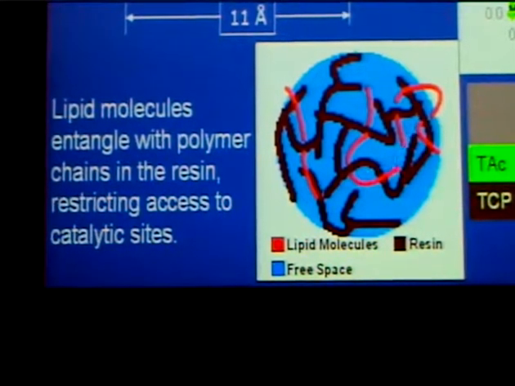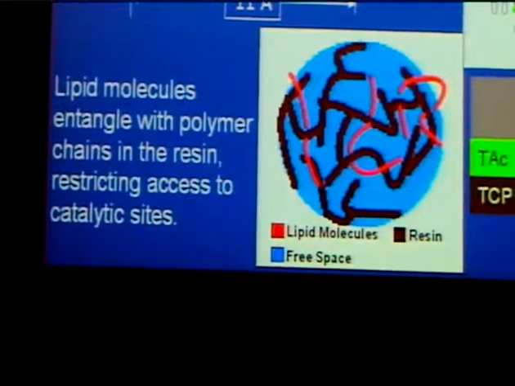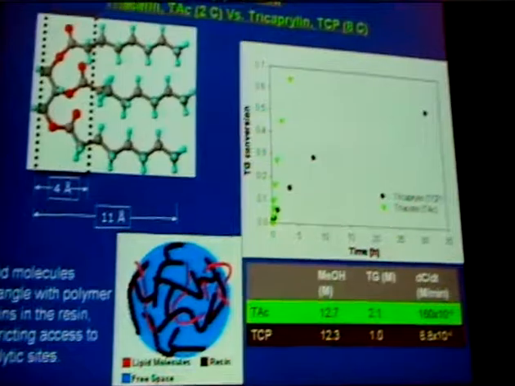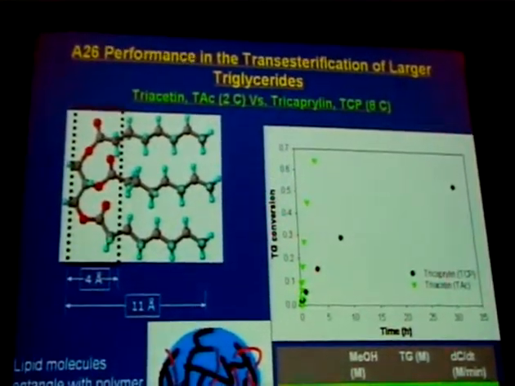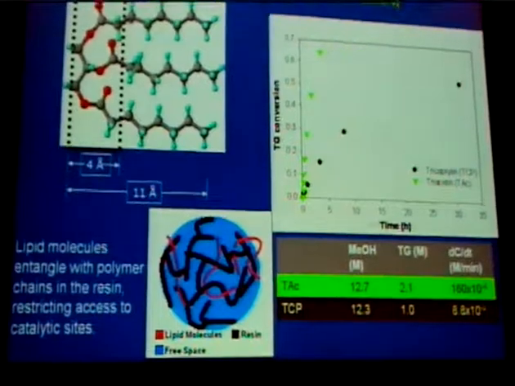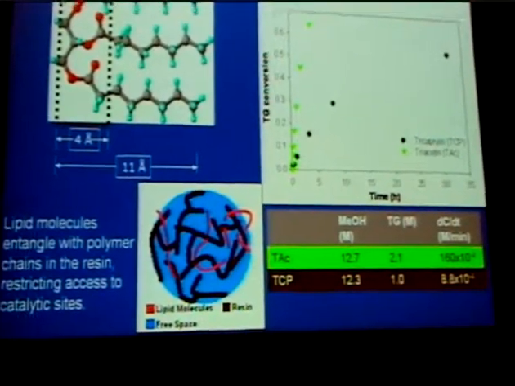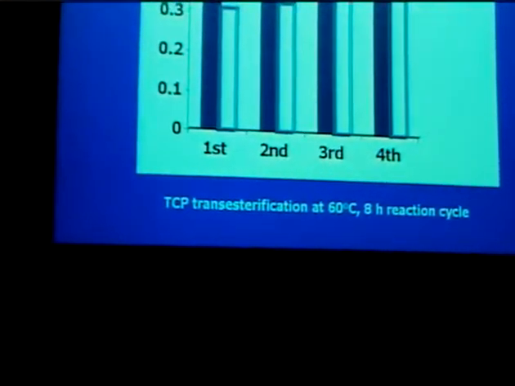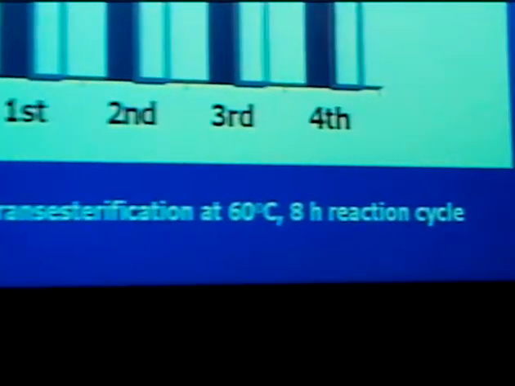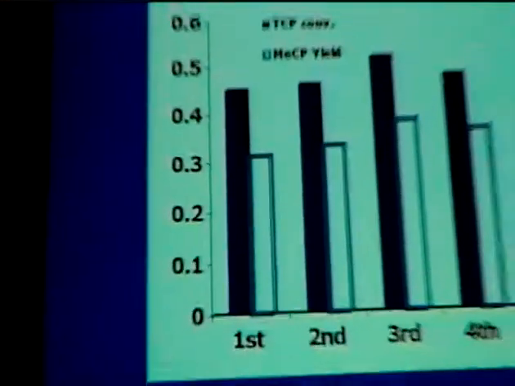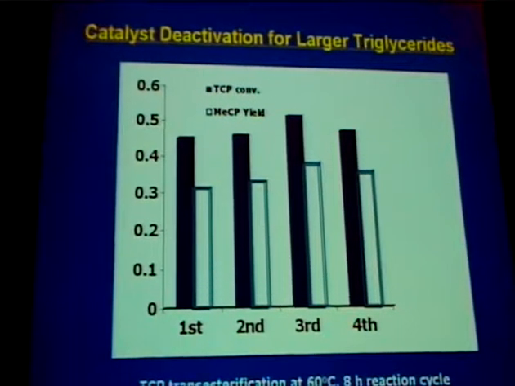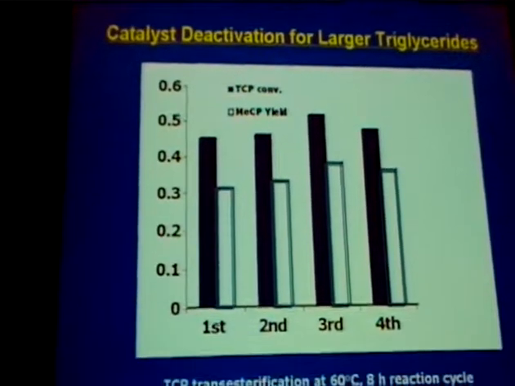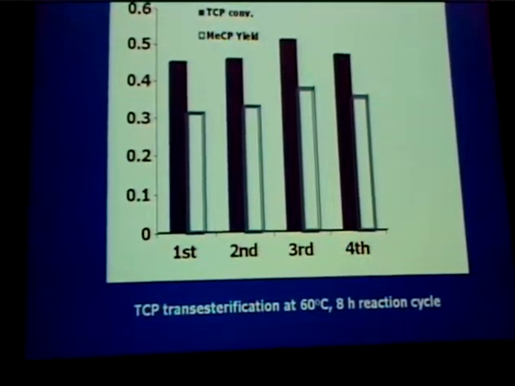So we believe that the way the triglyceride molecule adsorbs on the polymeric matrix of the resin is inhibiting the access of methanol molecules to these small pores, and then most of the sites are not really working for this reaction when you use the larger triglycerides. So that is the bad news for this catalyst. The good news is that those sites that are exposed for reaction seem to be stable at 60 Celsius. So yeah, the deactivation wasn't observed by us for this resin using the larger triglyceride.